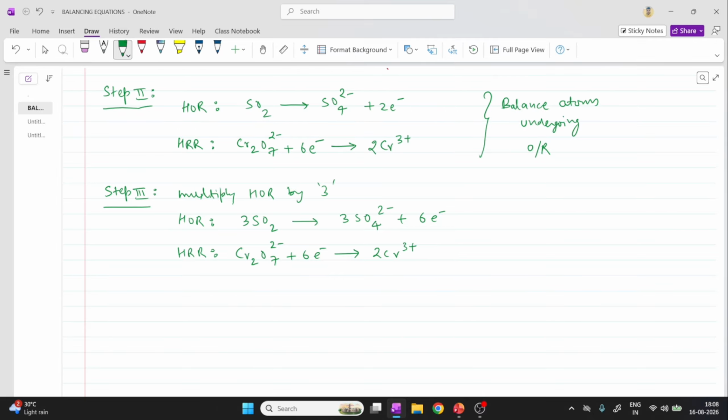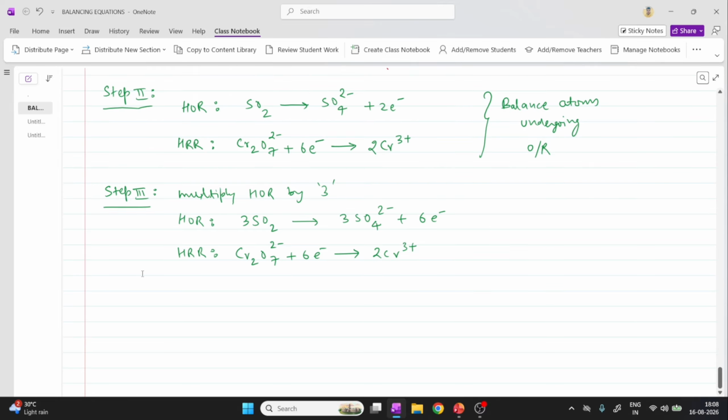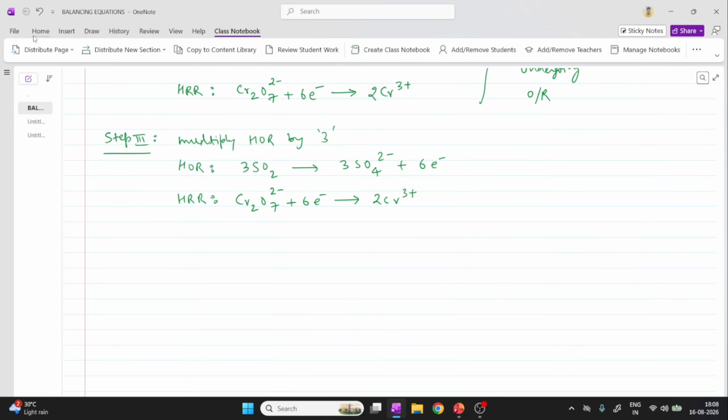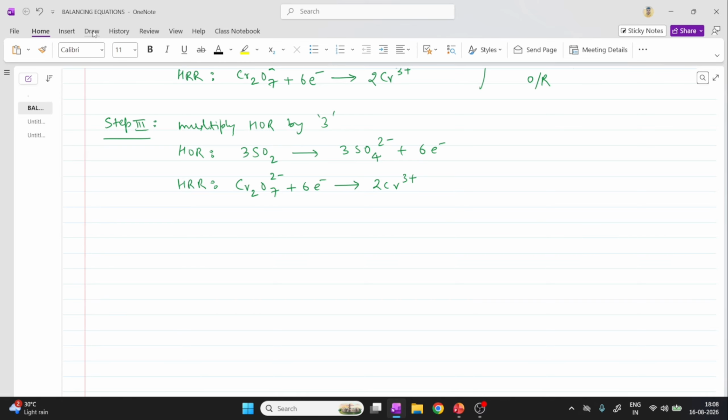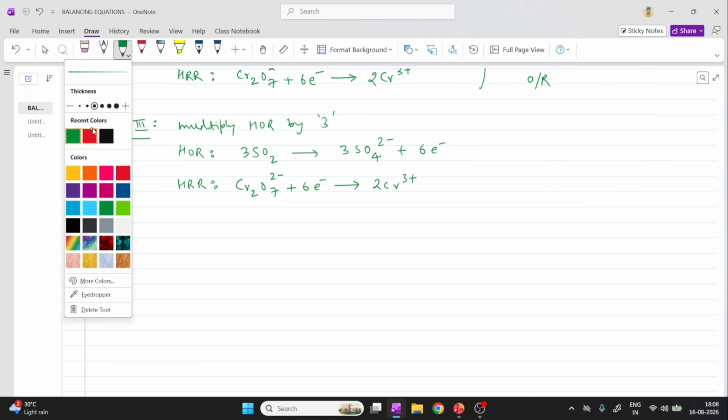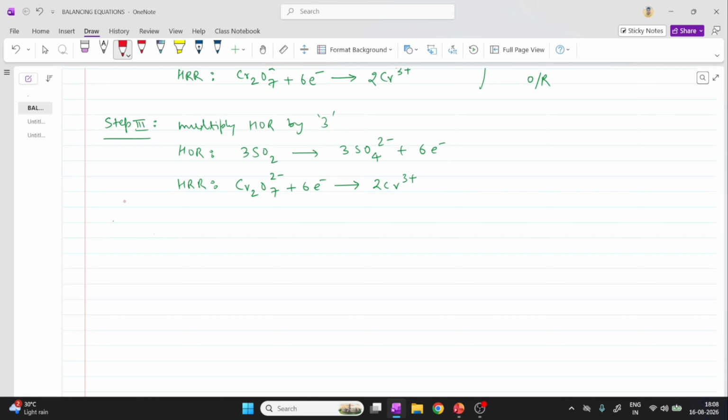Now we all know the fourth step, which is to add these two reactions. Step 4. When the number of electrons is equal, we just have to add the two reactions. Now I'm adding, so the electrons will cancel out.